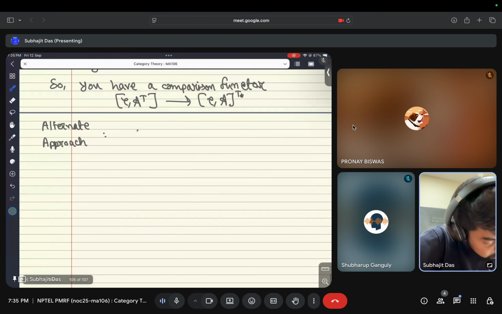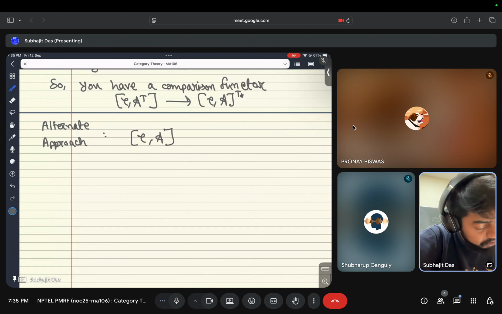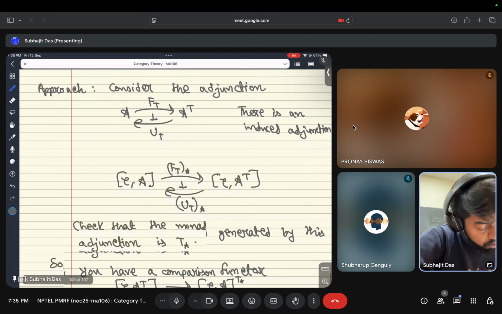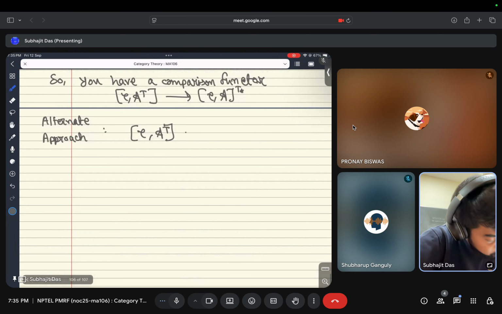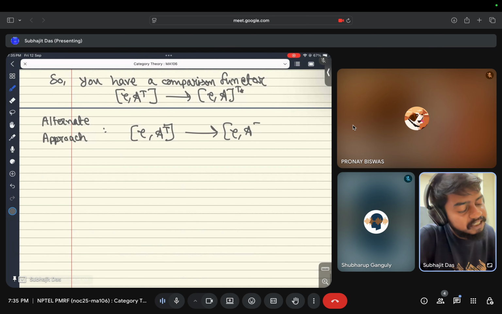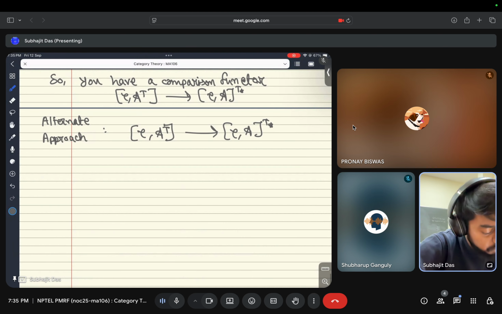We want a functor from C comma A power T to C comma A power T star, right? What functor should we take? Let's call this functor omega, very bad notation.